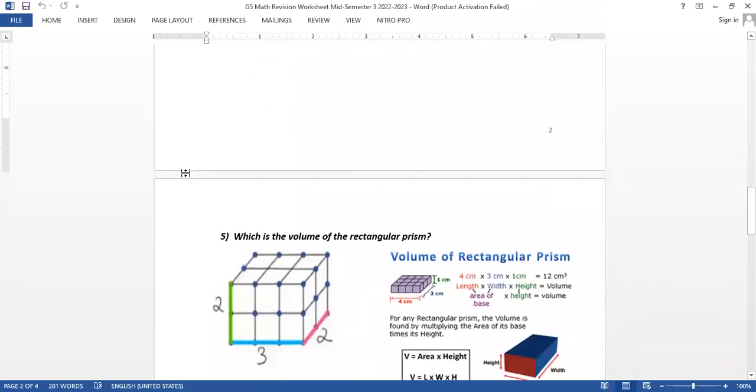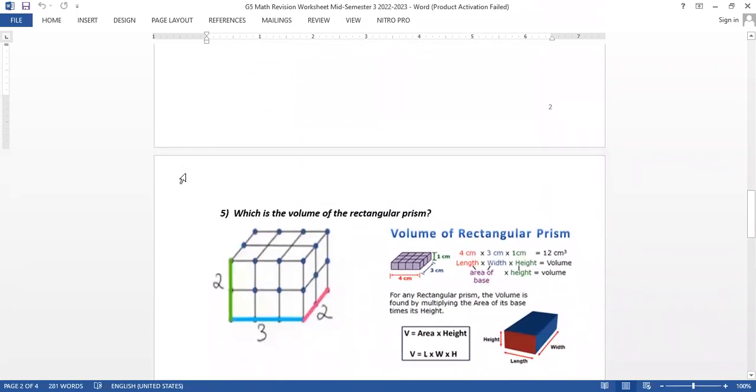And the next question, which is the volume of the rectangular prism? Guys, here simply, because we are given the length, the width, and the height, to find the volume we only multiply the length by the width by the height. So 3 multiply 2 multiply 2 equals 12. 3 times 2 equals 6, times 2 equals 12.